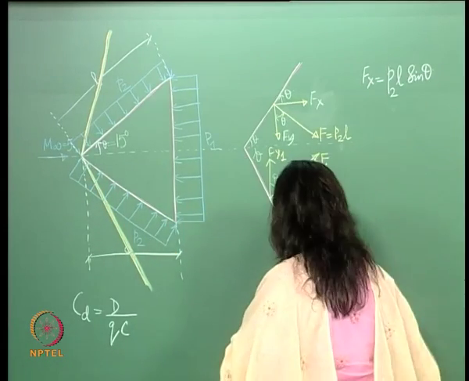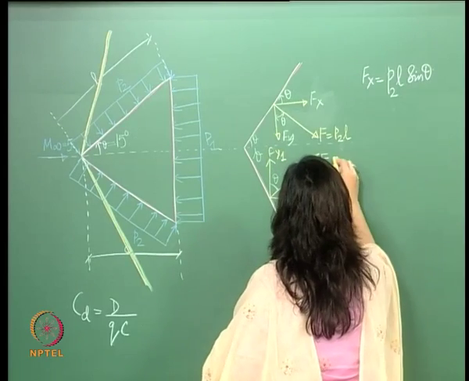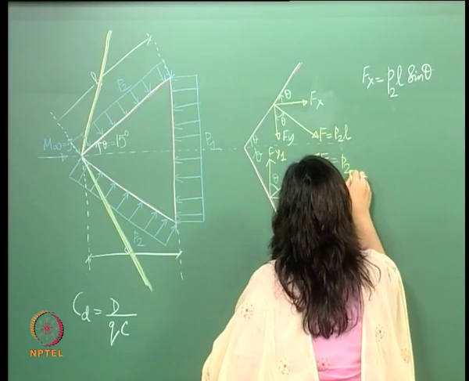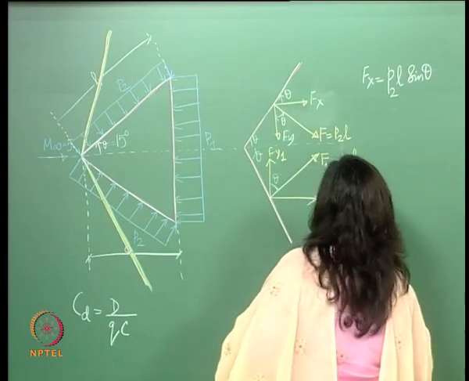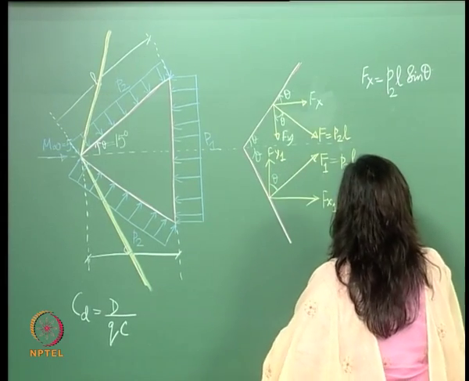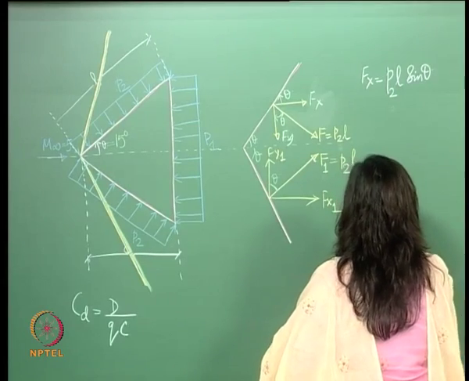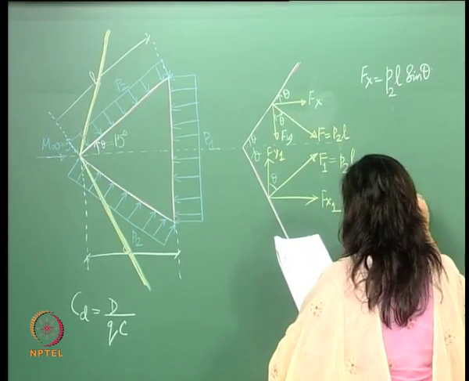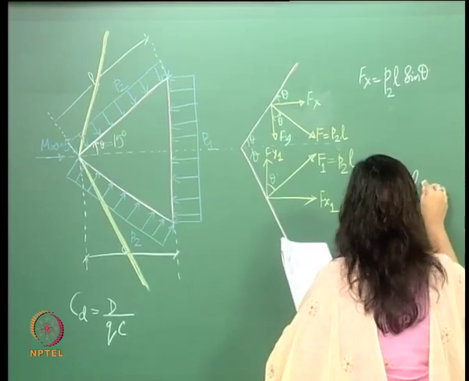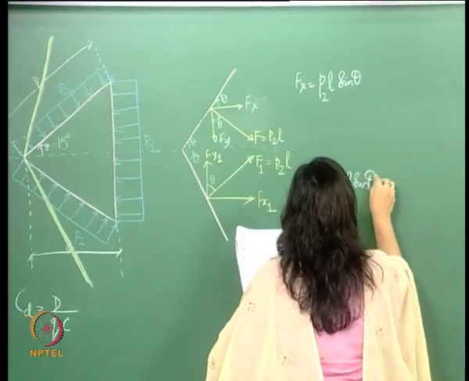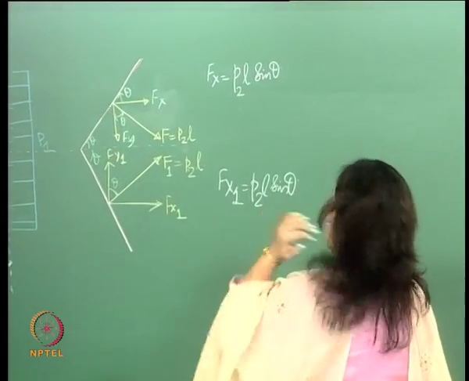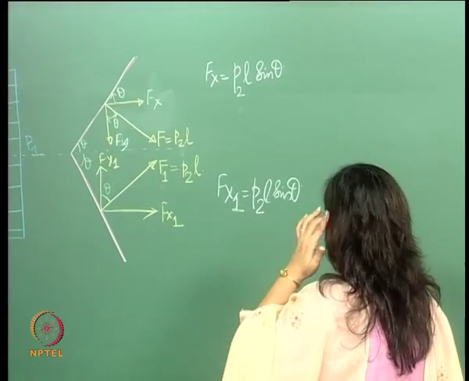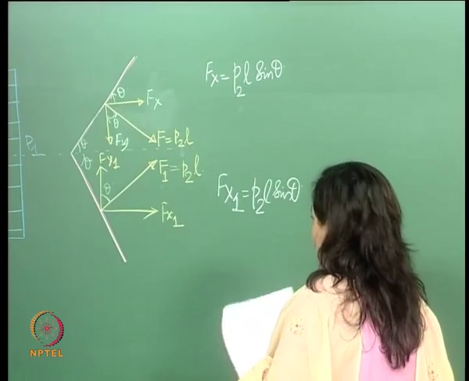So F1 again is equal to P2L. Okay. So therefore, again here, Fx1 is P2L sine theta. Okay, so Fx1 is basically P2L sine theta.